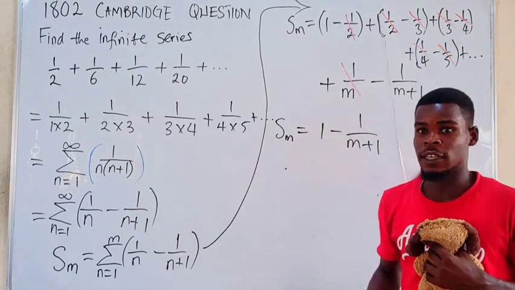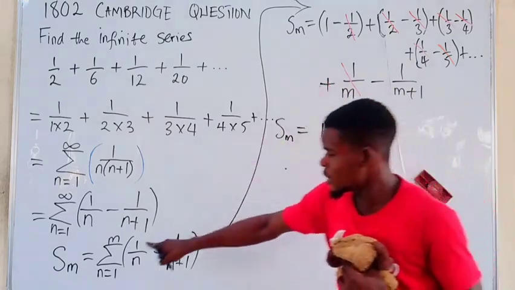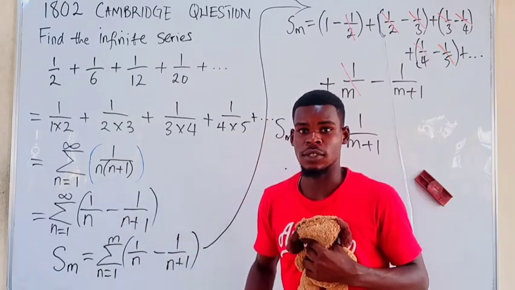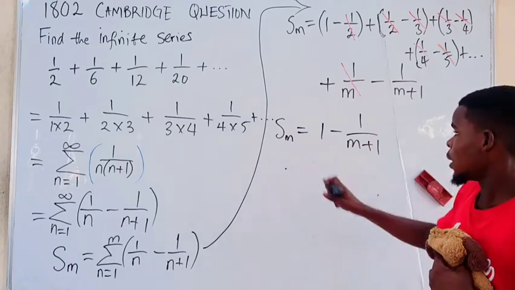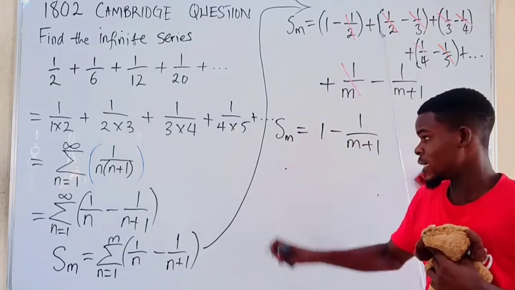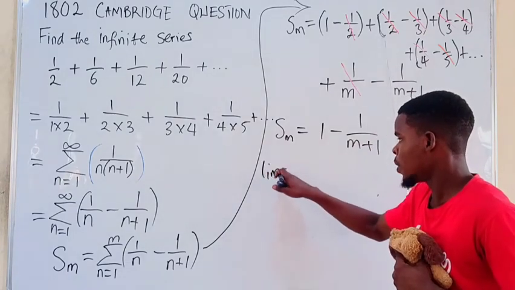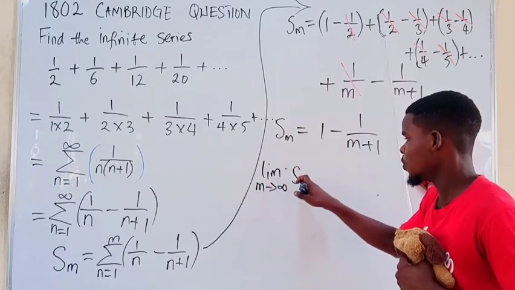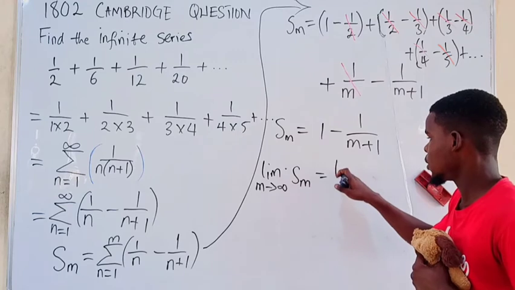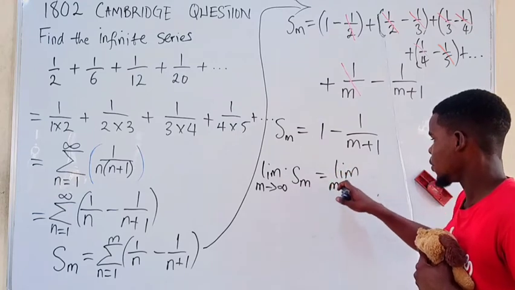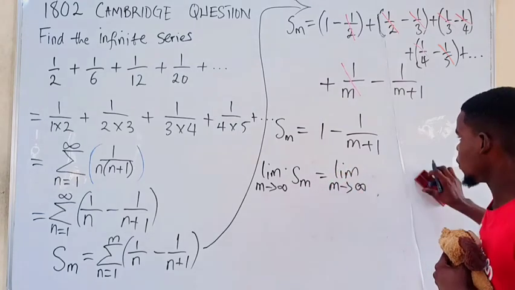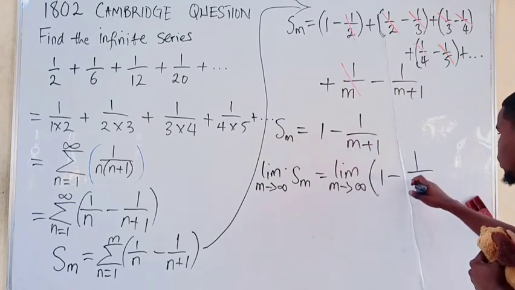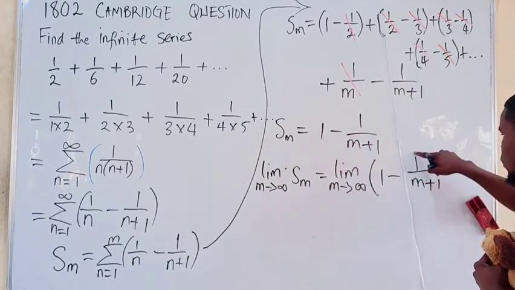And now, as I said earlier, we want to look at when this m here tends to infinity, in order to get the original sum which we seek. So as m tends to infinity, we want to look at the limit as m tends to infinity of the partial sum, which will mean the limit as m tends to infinity of 1 minus 1 over m plus 1. Good.